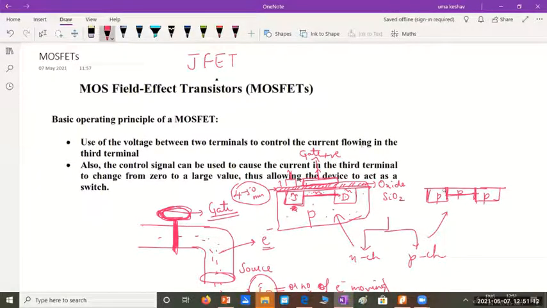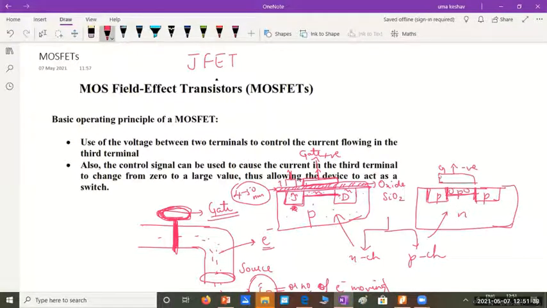Similarly, if you have to create a P-type channel, you have to connect the gate to a negative voltage, right? To create an N-type channel, I should connect the gate to positive voltage so that it will attract the free electrons from the P substrate. To create a P-type channel, I have an N-type substrate, and from the N-type substrate, I should attract the holes.